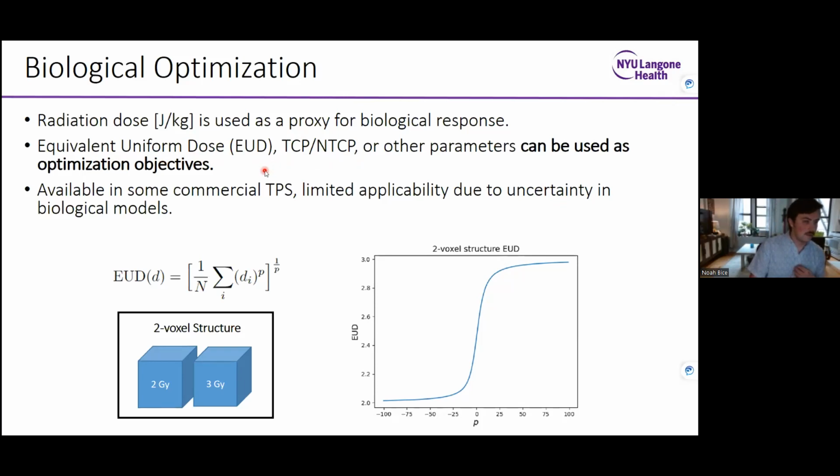These biological optimization options are available in some commercial treatment planning systems, but it's my understanding that they have limited applicability due to uncertainty in biological models. So you can use them, but you should at least verify that the nominal, physical dose distribution looks clinically reasonable if you're going to optimize based on biological parameters.